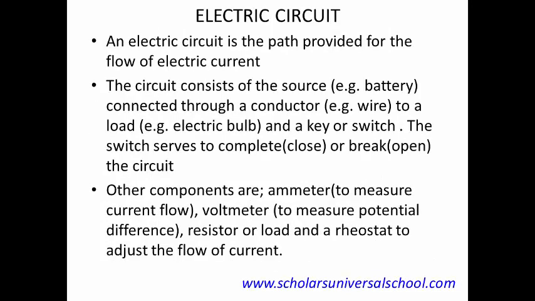Now, we have described that the electric current is charge in motion. There must be a path in which this charge will be allowed to move. The path in which electric current flows is what we call electric circuit. The circuit is the path provided for flow of electric current.